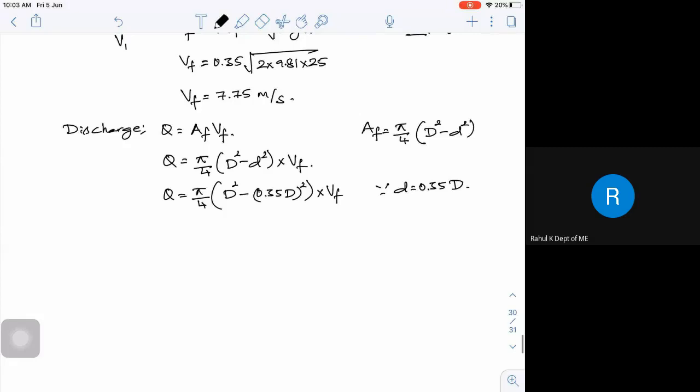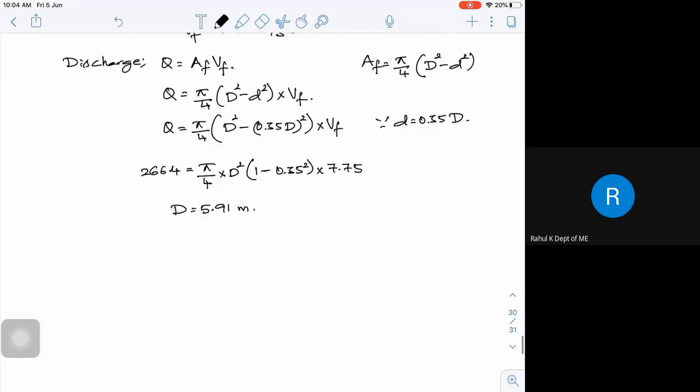So what is the discharge? We calculated just now, it is 266.4. Pi by 4, I will take D outside, so this will be D square into (1 minus 0.35 square) into Vf, which we calculated as 7.75. If I calculate my D, I am getting D as around 5.91 meters.